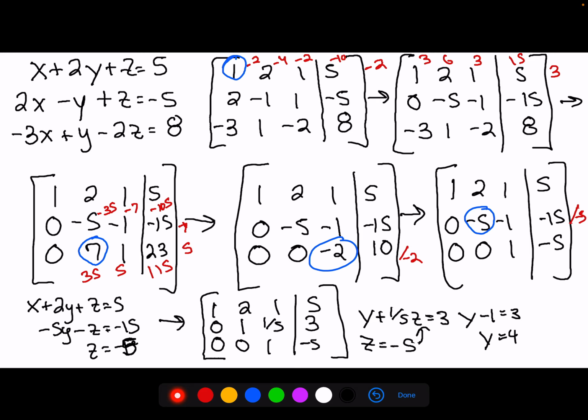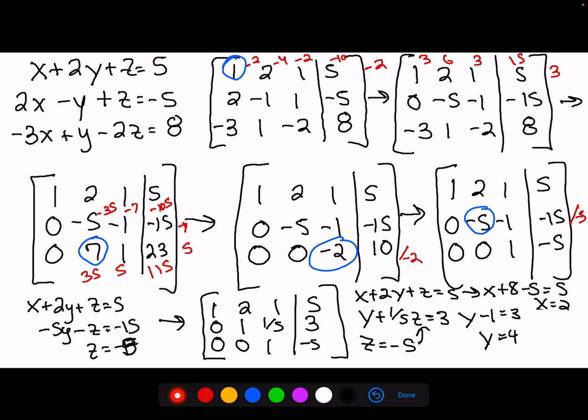And then into x plus 2y plus z equals 5, you're trying to solve for x, you know that x plus 8 minus 5 equals 5, because 2 times 4 is 8 in the 2y. So x plus 3, so x equals 2.